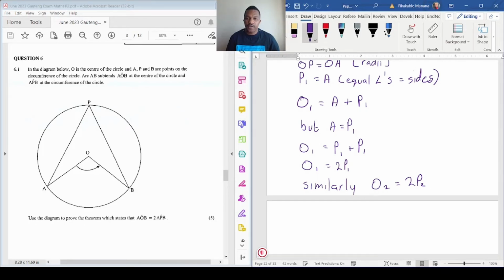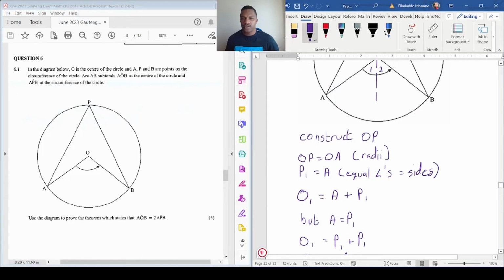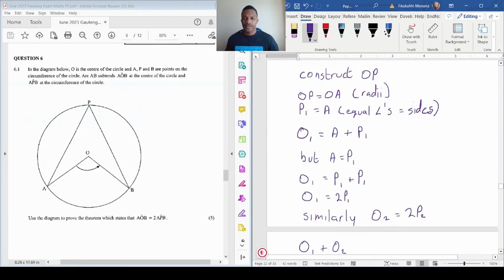Now that I've proved that O1 is twice P1 and O2 is twice P2, if I say O1 plus O2, and the reason I'm saying that is because it forms that angle of AOB. It's O1 plus O2 from our construction, as you can see there.